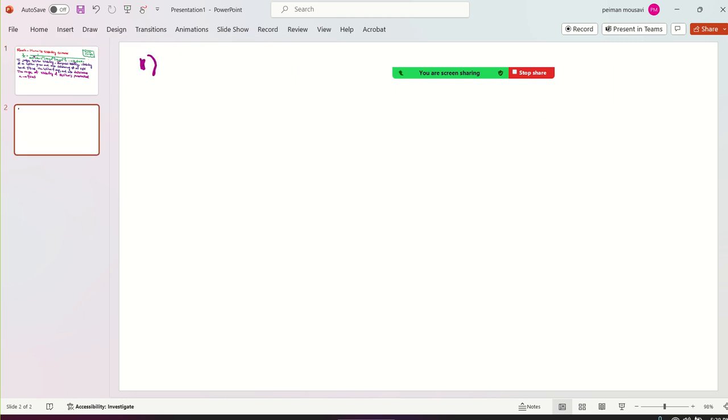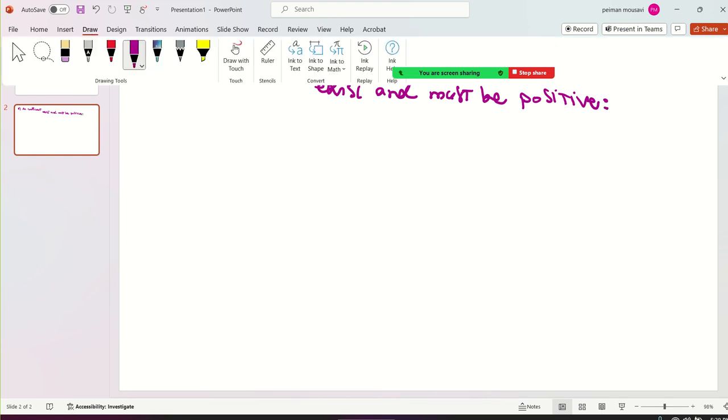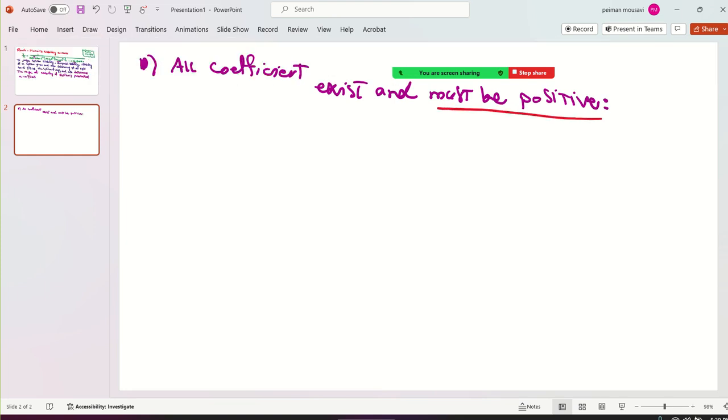The first condition for the system to be stable is that all coefficients exist and must be positive. This is the first condition of stability in a system. Must be positive and exist.